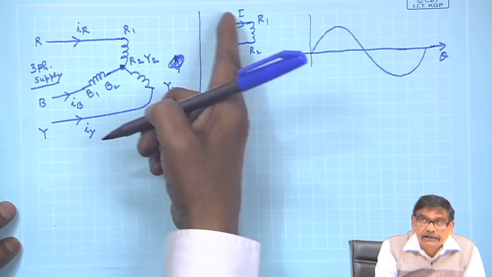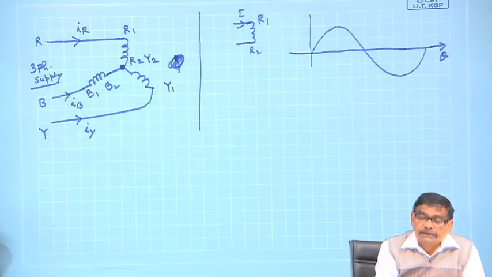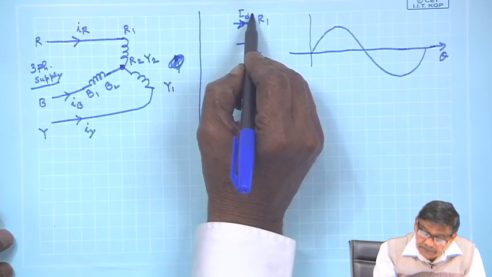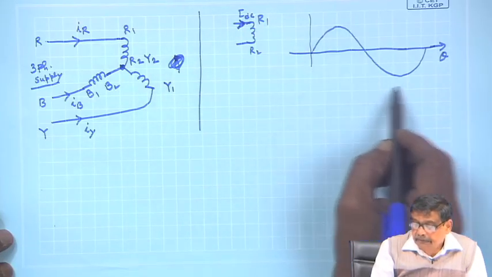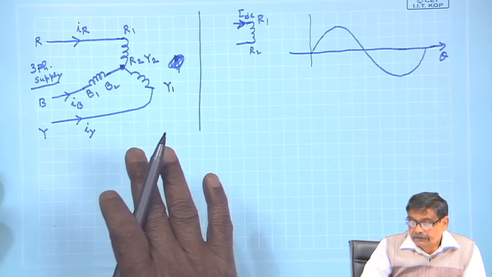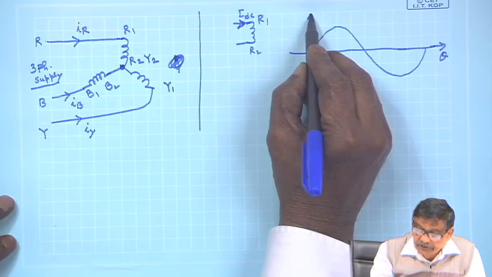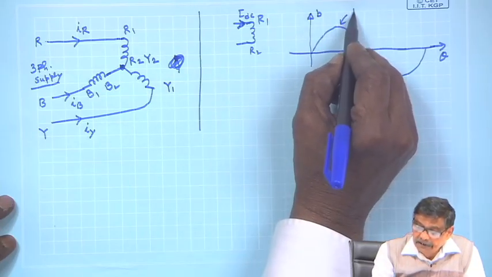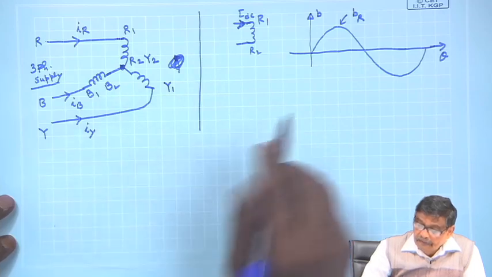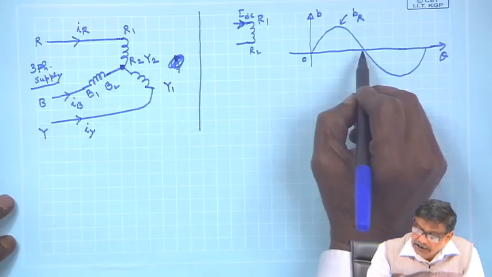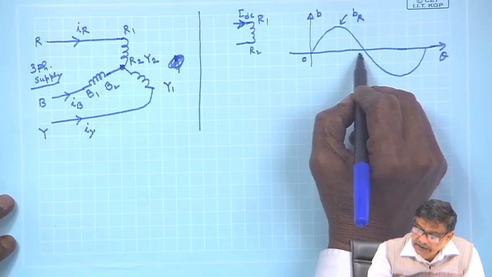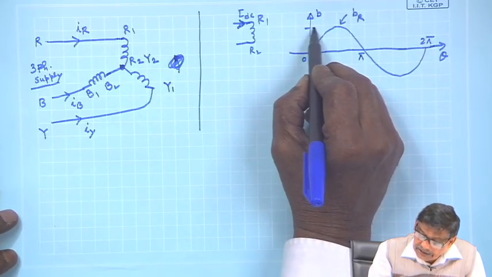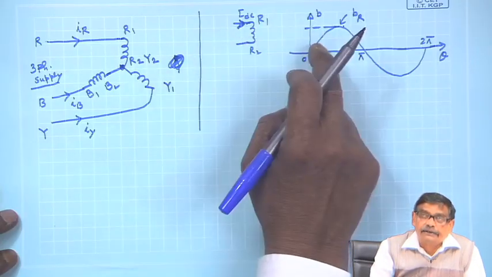I am passing a constant current, energizing only the R phase, and it will generate a flux density distribution across the air gap of the machine, and this is B R. This is 0, this is pi, this is 2 pi, all electrical. And there will be some maximum value associated with this current.